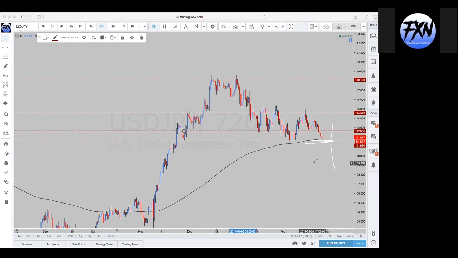Okay. Now, another thing that you want to look at as well is the 200 EMA line. The 200 EMA line is a very, very powerful line. It acts as support or resistance, depending on where it's at, right?